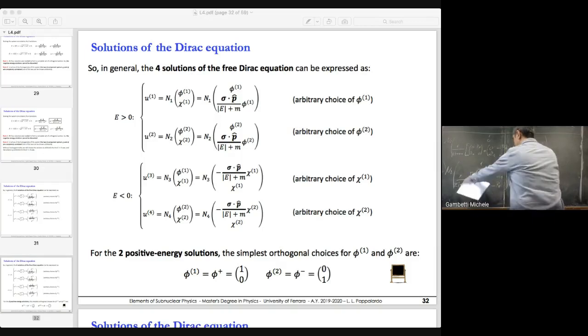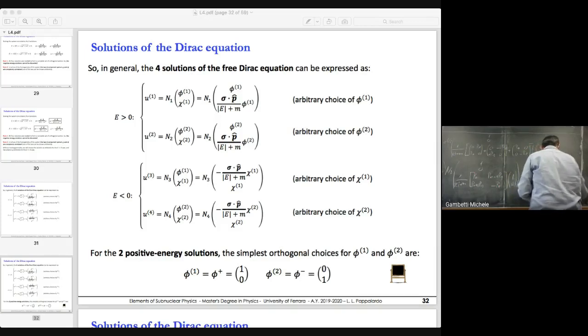Now we have Pz plus 0, and then we have Px plus i Py times 0 plus 0. So this becomes a vector in this way, 1 over E plus M, and then we just have Pz here, and Px plus i Py there, acting on (1, 0).